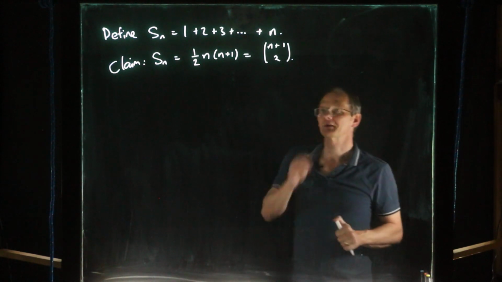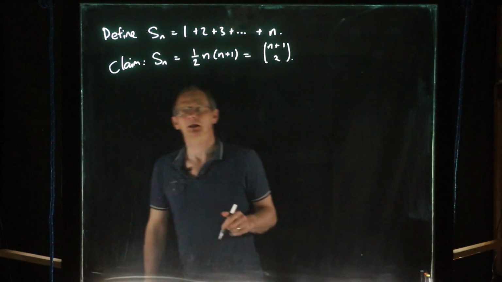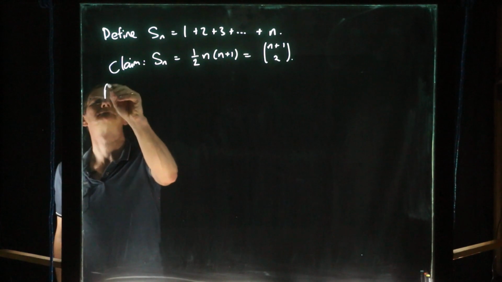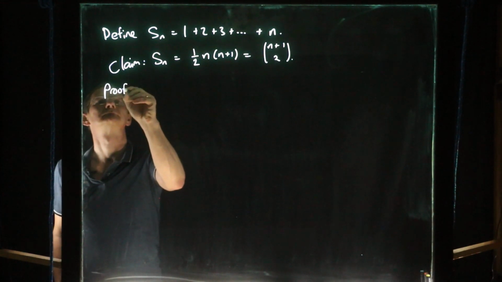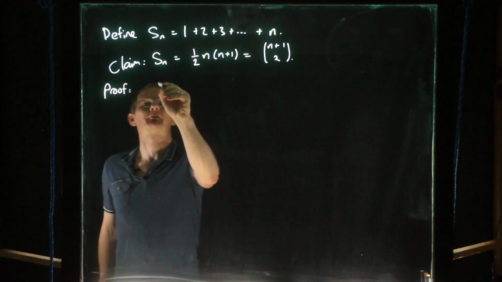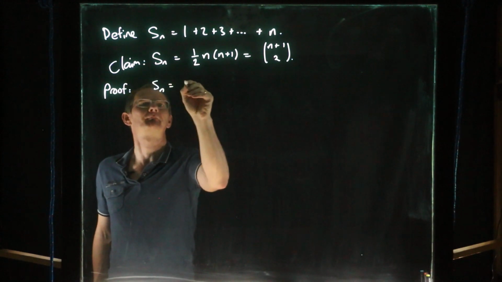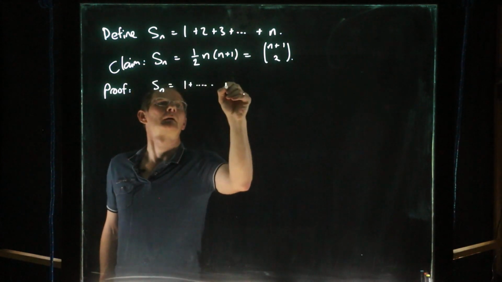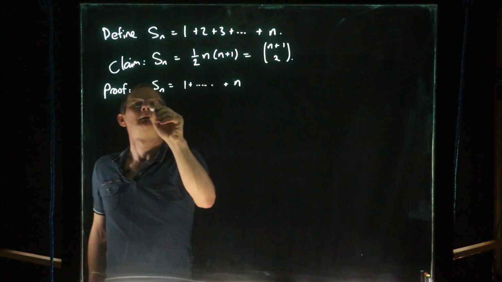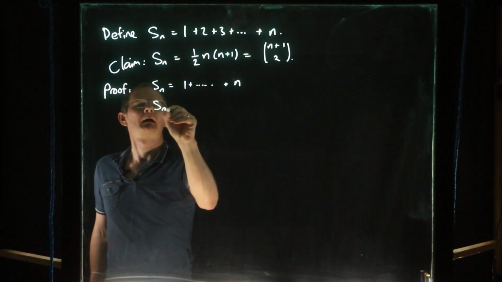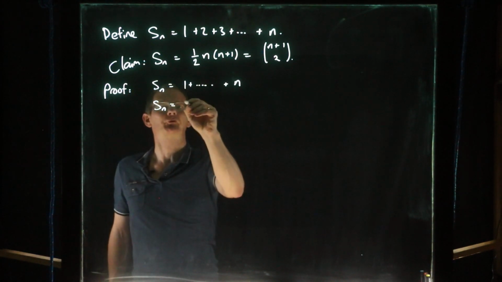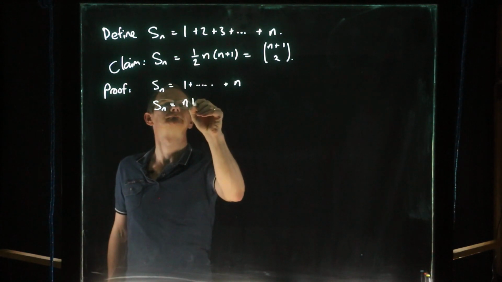And there's a bunch of different ways to prove this. So one way is like this: we just write down the definition again, and then write it down again, but we'll write the sum in the opposite order.